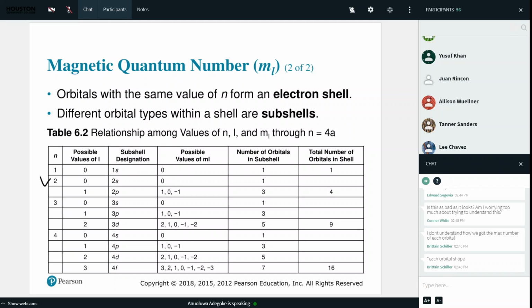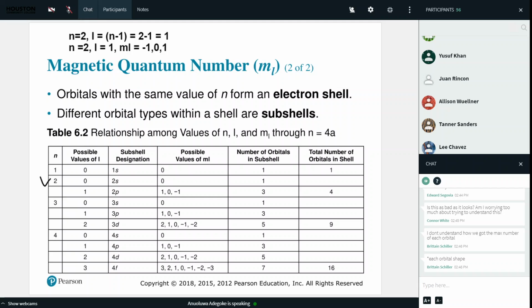By the time we get to writing electronic configuration, you're going to see that this is very, very easy. That is the main objective. So when n equals 2, l equals 1, because l equals n minus 1. And when l equals 1, ml is minus 1, 0, 1.